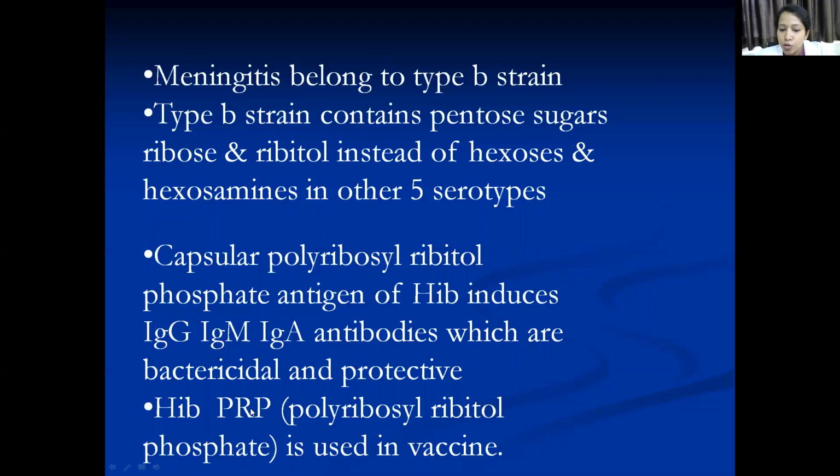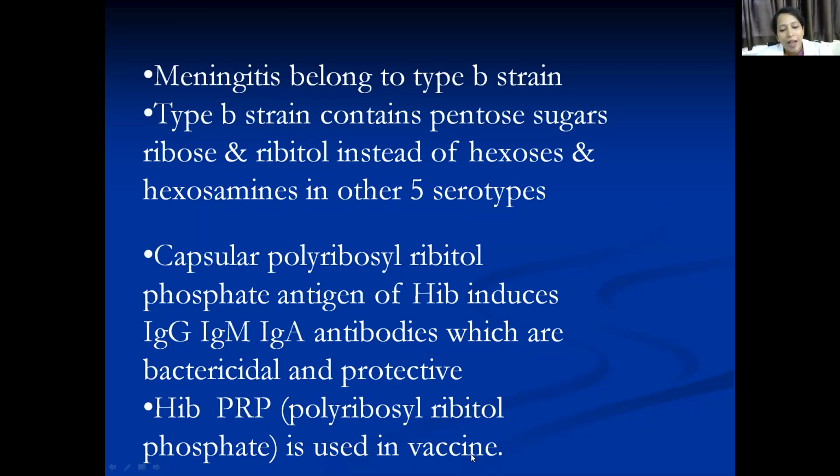Because this is used for production of vaccine. Hib PRP is used for the production of vaccine. It produces antibodies which are bactericidal and protective for us.